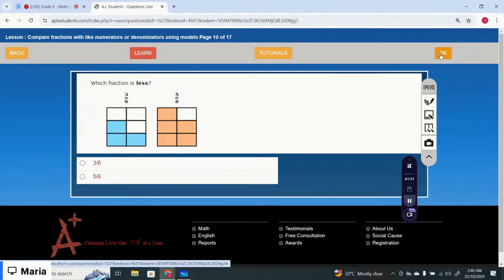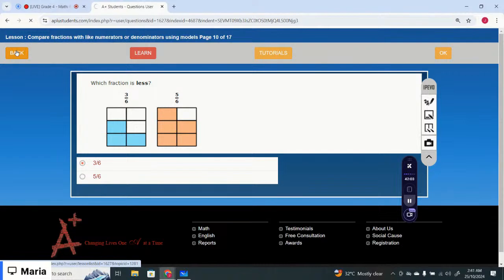Which fraction is less? 3 by 6, 5 by 6. That is 3 by 6. Okay, you can complete the lesson by yourself later today.